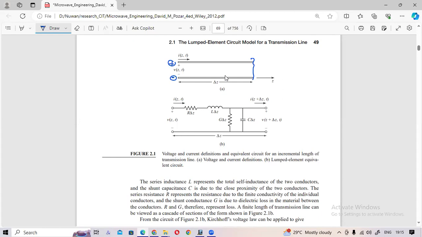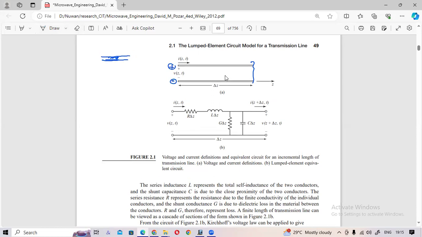For example, in a coaxial cable, we have an inner conductor, then a dielectric medium, then an outer conductor. This inner conductor works as the line plus, and the outer conductor acts as the ground. So two terminals are there normally, plus and minus.